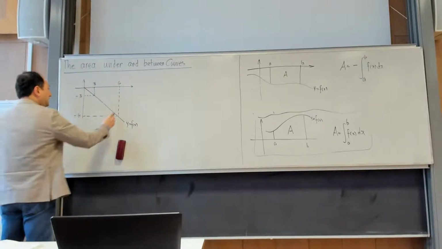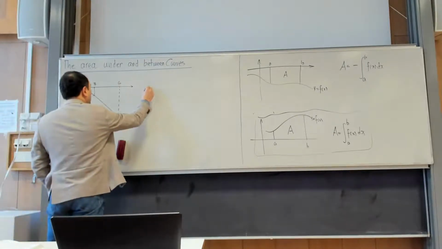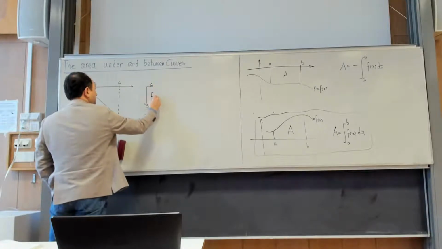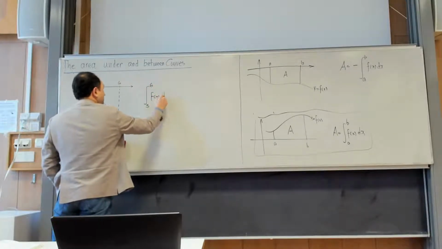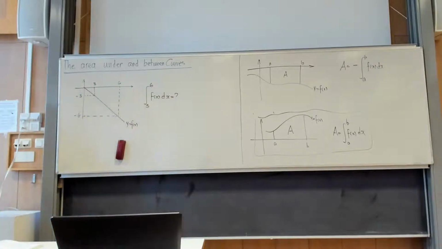Okay, and then by looking at this picture, I want you to calculate this integral. So how do you calculate this integral? First of all, predict, is this integral positive or negative?